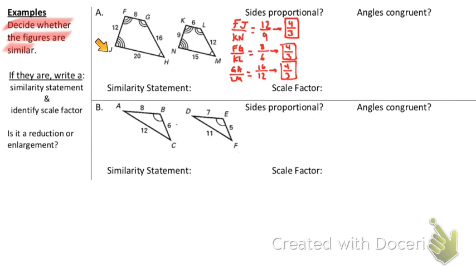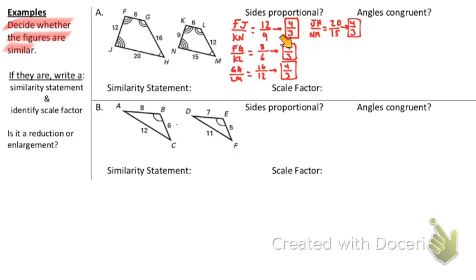So that's going to be JH over NM. JH is 20, NM is 15. If I reduce, we can reduce by 5. That's 4 over 3. And what you'll notice, all the sides have the same ratio value.